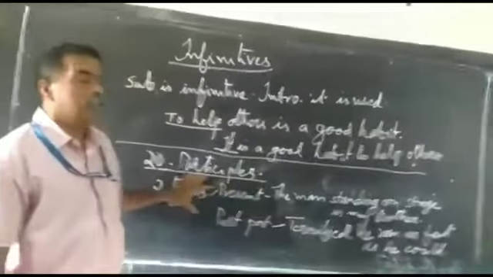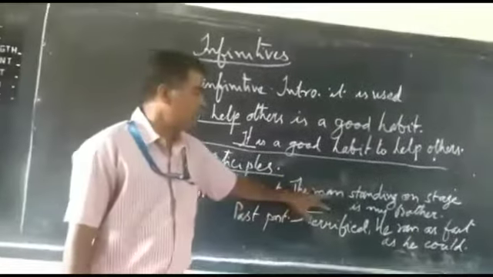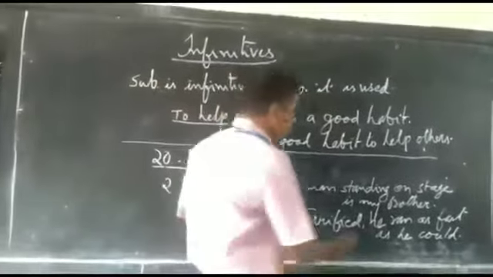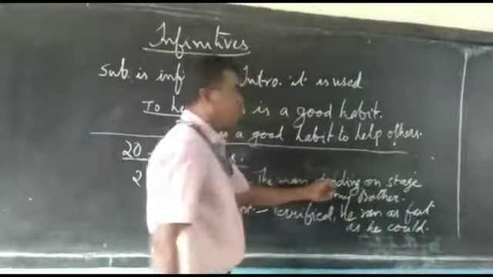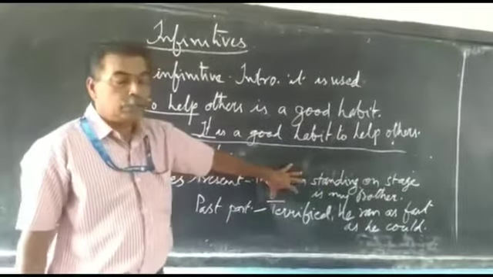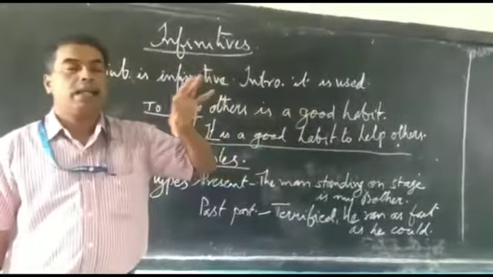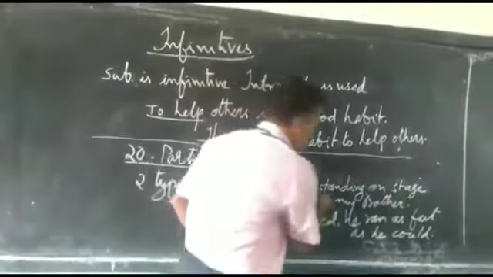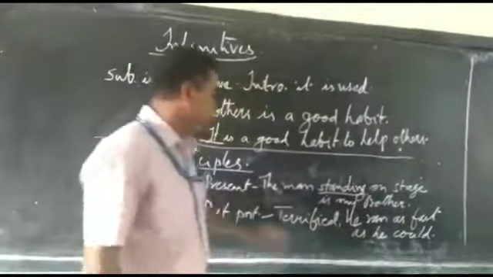We use this ing form of the action word as a participle. And here, this word used is not telling us about the completion of action. The action is still going on, or an incomplete action is mentioned here.